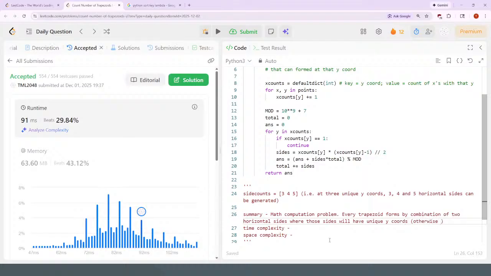Otherwise, it'd be impossible. Otherwise, they'd not be horizontal, or they'd be collinear, I guess. It'd just be a single line.